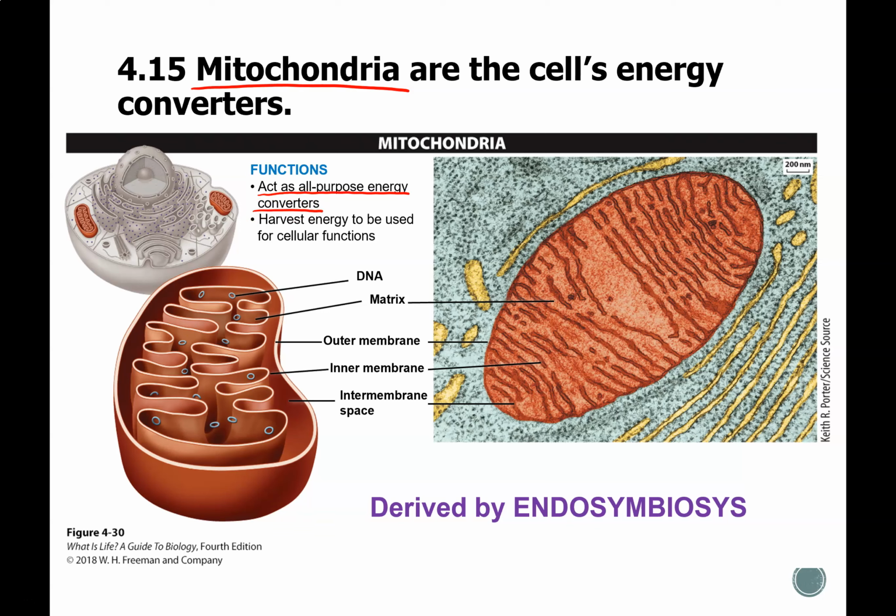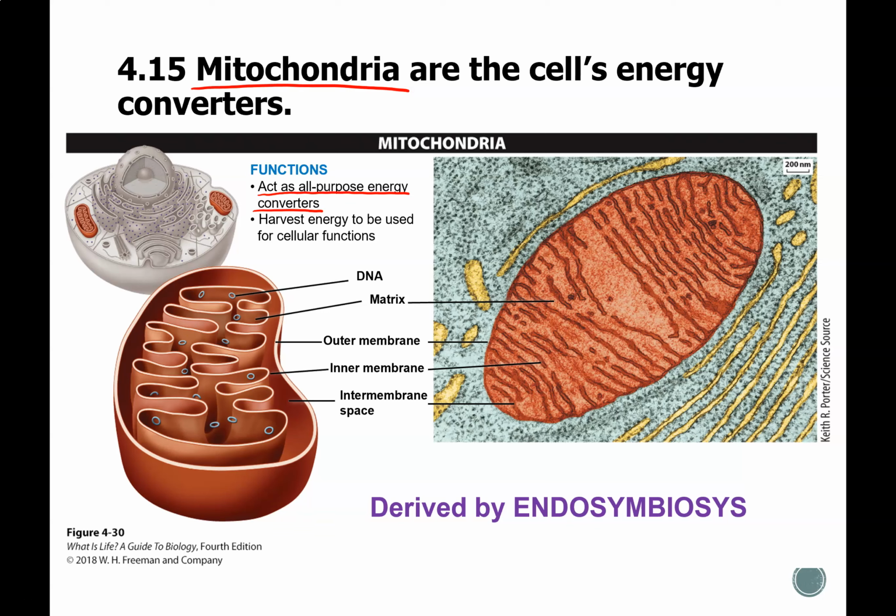That energy can then be used for a variety of cellular functions, including making proteins, making other products for the cell, movement, transport of those products within the cell. Pretty much anything that you could think of that requires energy is energy that has been produced in the mitochondria.